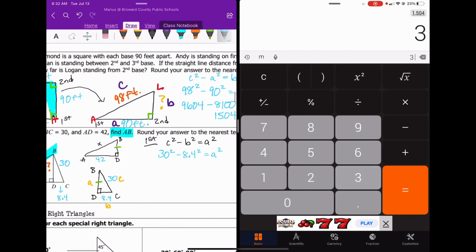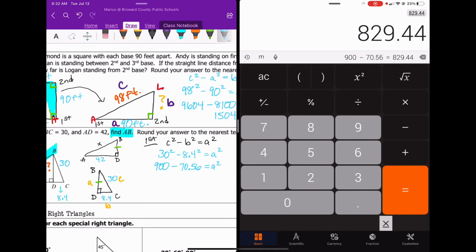Working with the calculator, 30 times 30, 900. Minus 8.4 squared, that's going to be 70.56. Now we got to do 900 minus 70.56.